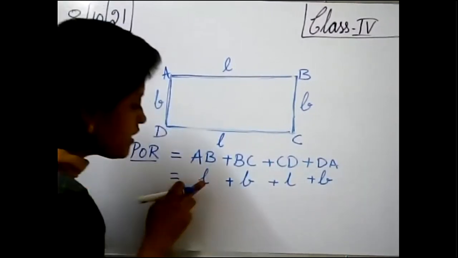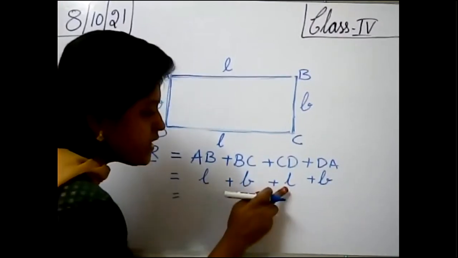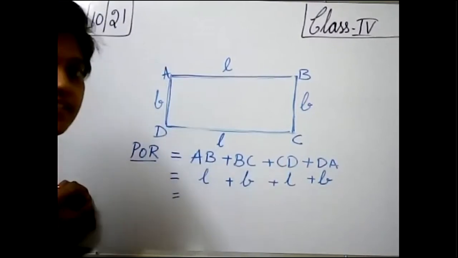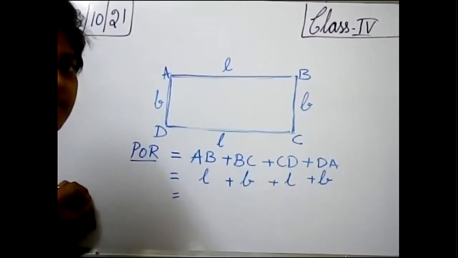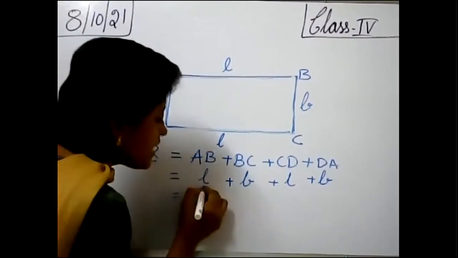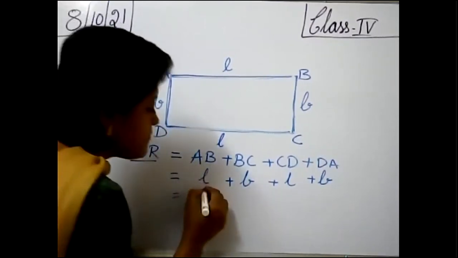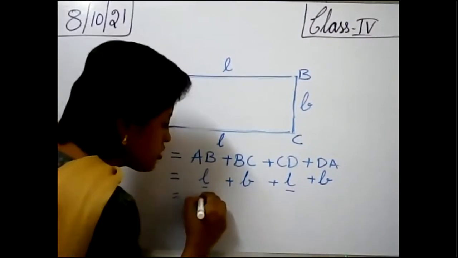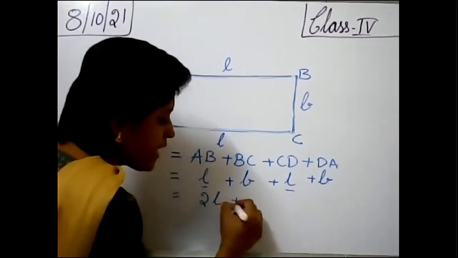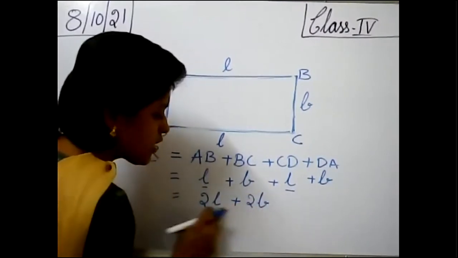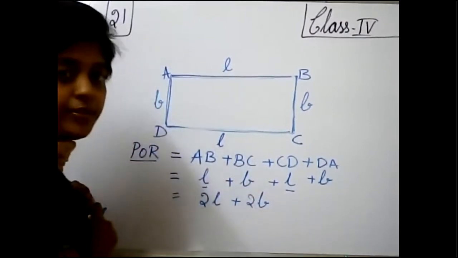Children, now everyone listen carefully. Check it properly. L plus B plus L plus B. Here what is repeating? L and B, two times. So 2L plus 2B. What is the common here? 2.